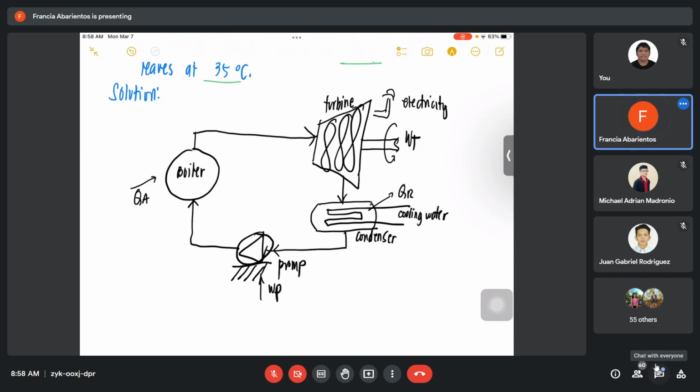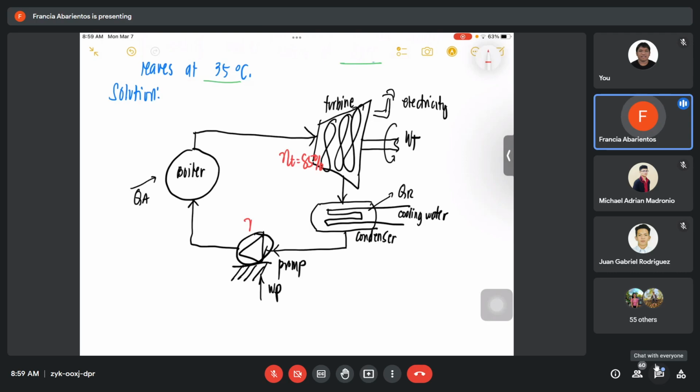Ayan. So, take note, ano yung bagong given sa atin? We have now the efficiency of the turbine at 85%, the efficiency of the pump at 85%.